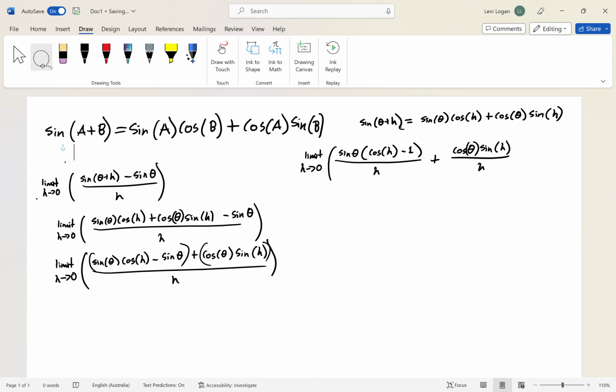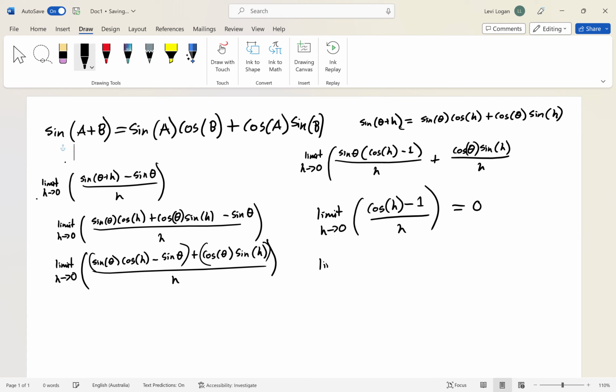Okay. This is when we need to basically introduce some limits. I won't be showing you the proof for these limits, but I will be showing proof for one of them in another video. There are two limits that we need to look at. The limit as h goes to 0 of cos of h minus 1 over h is equal to 0.